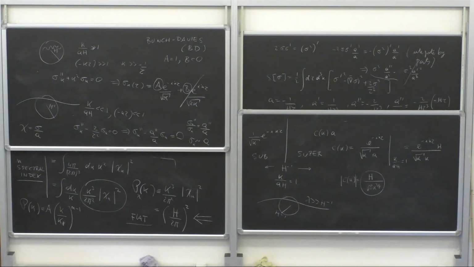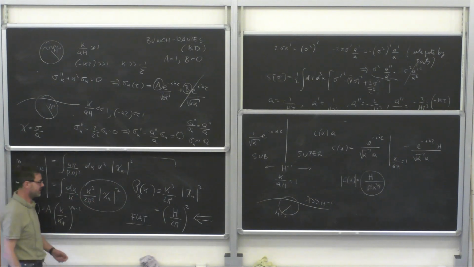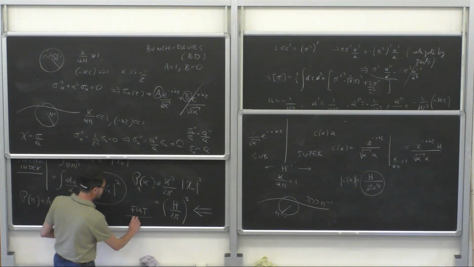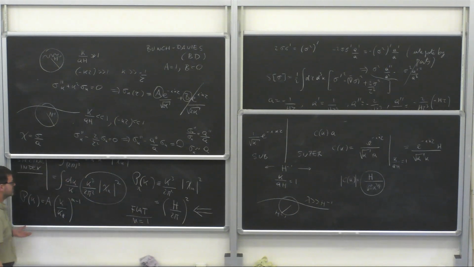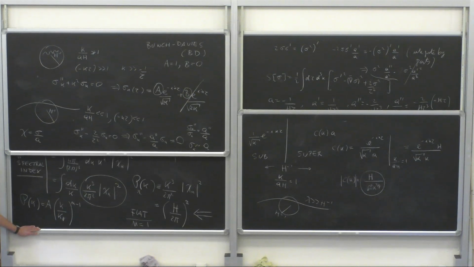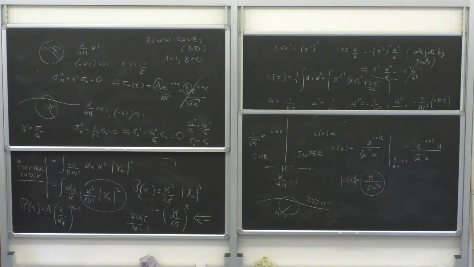The spectral index of a simple massless scalar field in de Sitter is equal to 1. Meaning that flat means n equal to 1, which is also called a Harrison-Zeldovich spectrum, for historical reasons. Okay, so that is a fundamental result.